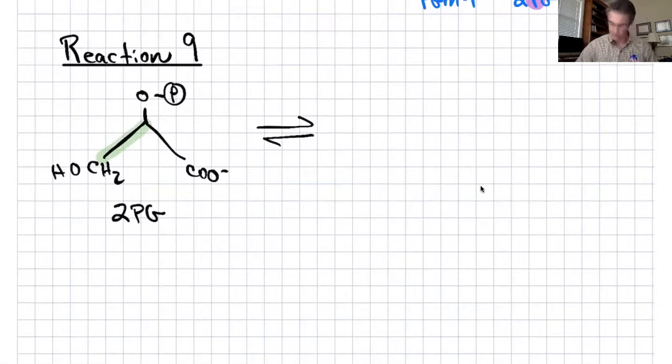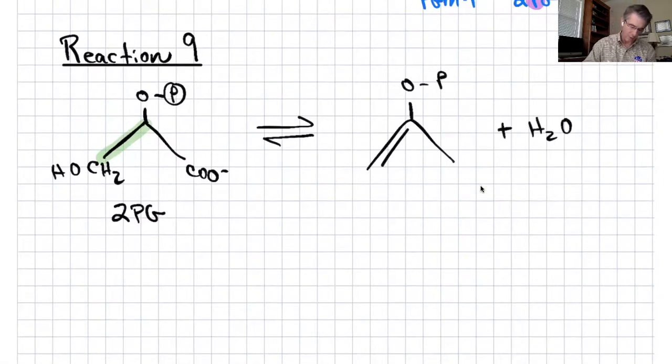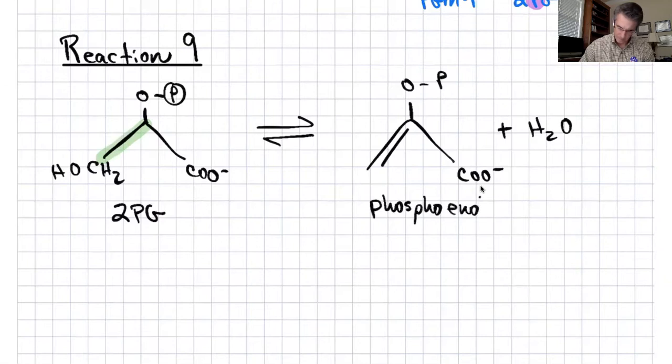To generate a molecule we've also talked about a little bit before. I'm going to put in a carbon-carbon double bond by dehydrating, removing that alcohol group and a proton from carbon 2, right? To generate phosphoenolpyruvate, or PEP, right?